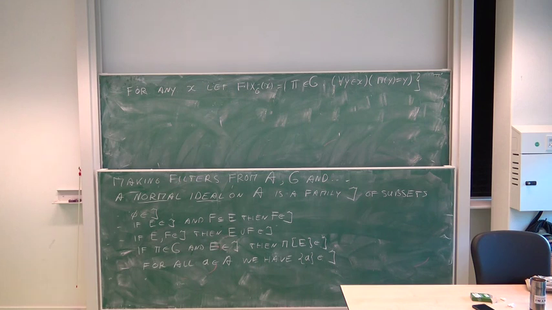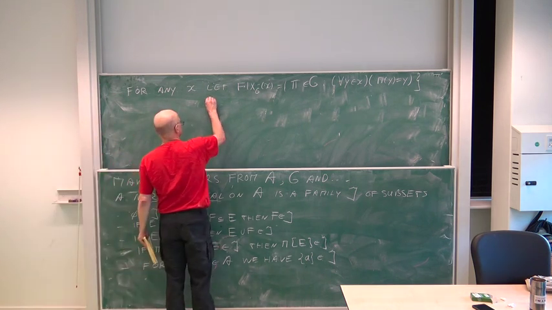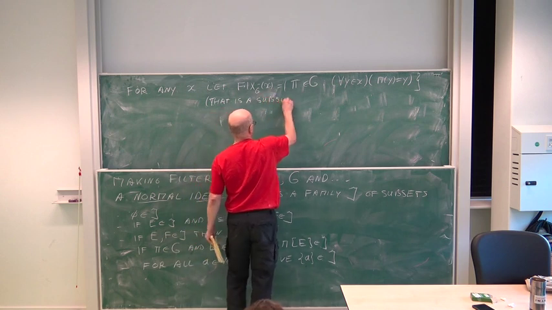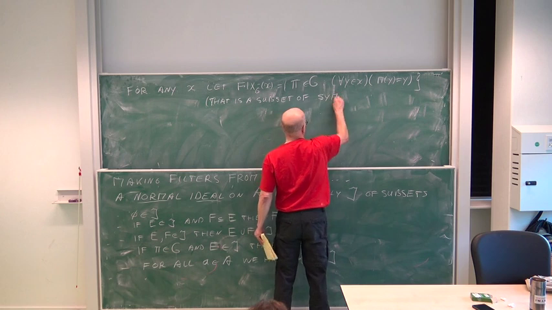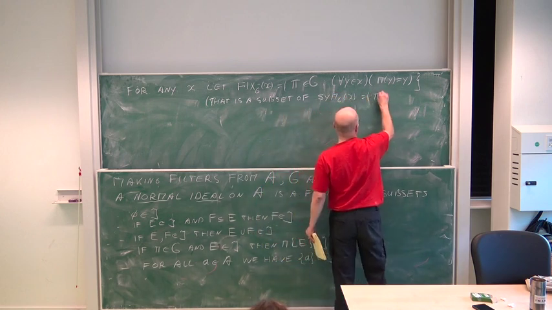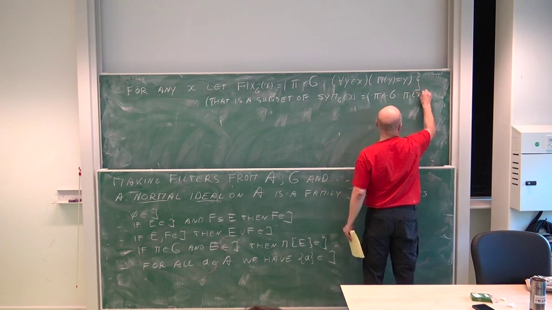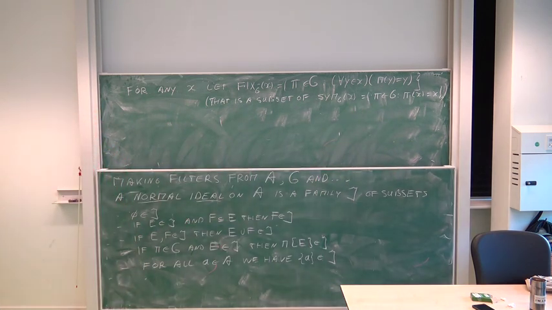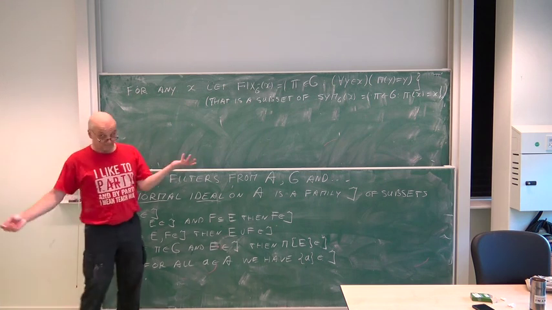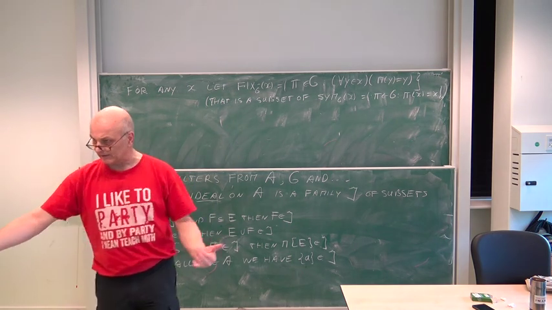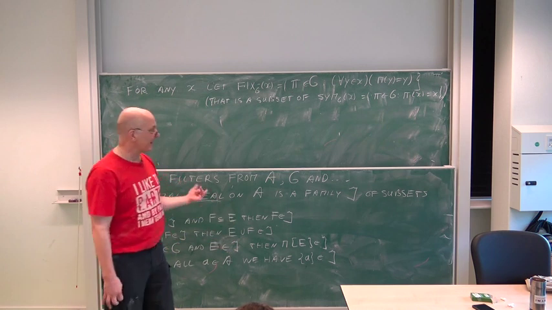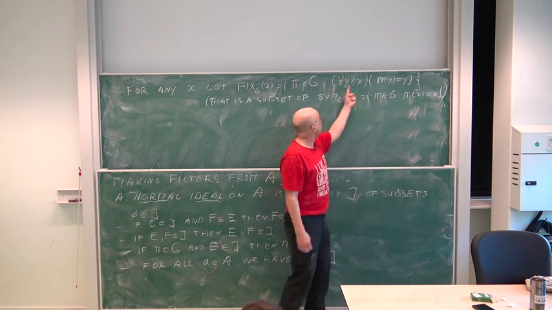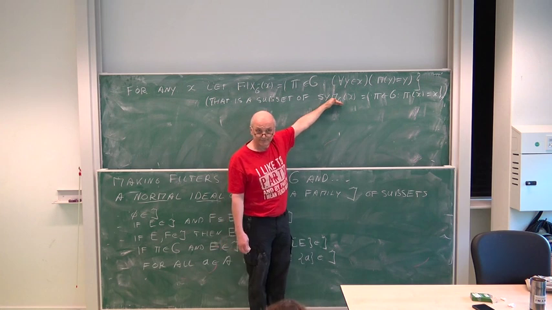We had the symmetry group already of our members of the universe, but the symmetry group can still permute the members of X. But the fix of X actually fixes all the members of X. So certainly this is a subgroup of the symmetry group.